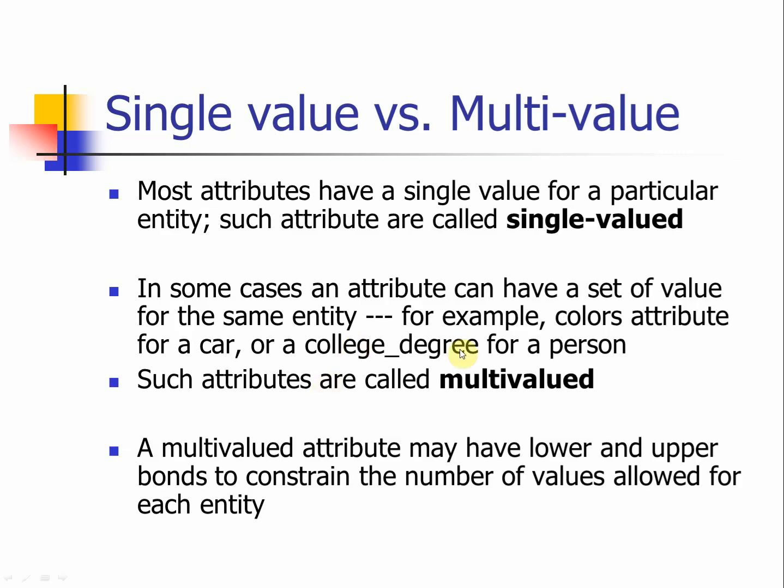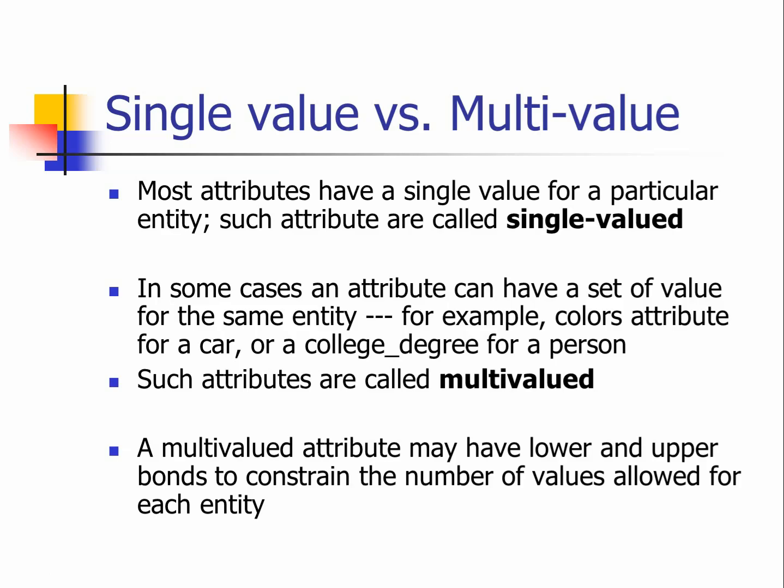Another example is the college degree. Most people, if they have a college degree, have one college degree, but there are people who do double majors. So in that case, the college degree would be more than one, or triple majors. So if you understand that an attribute has some occasions where it will need to hold more than one value, then you need to make it a multi-valued attribute.